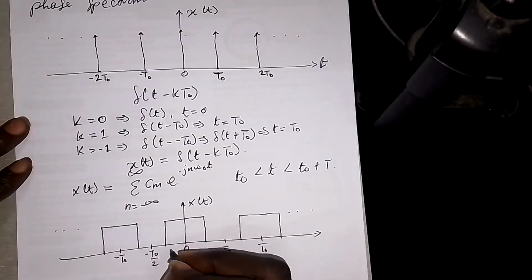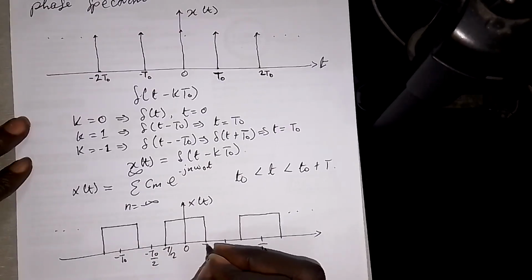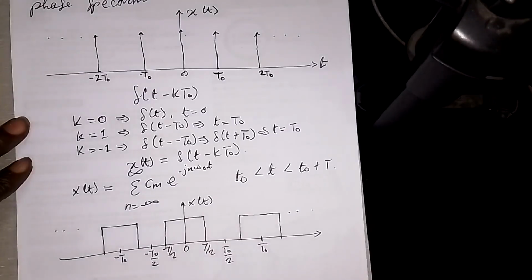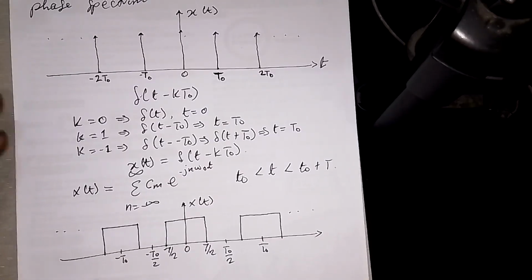And this place, I will assume my own coordinate for it, which is minus tau on 2, and this one is tau on 2.